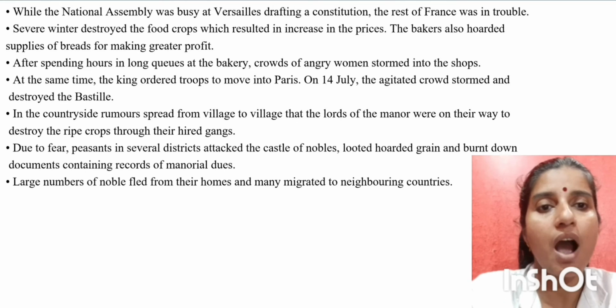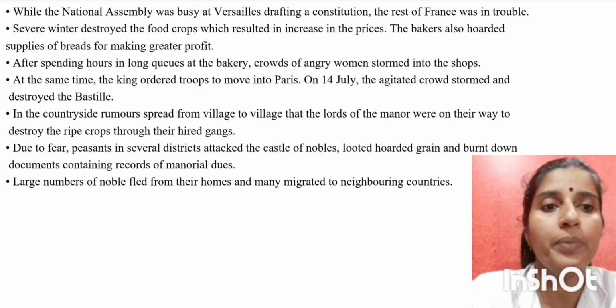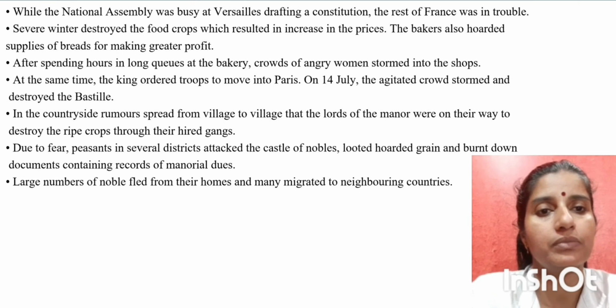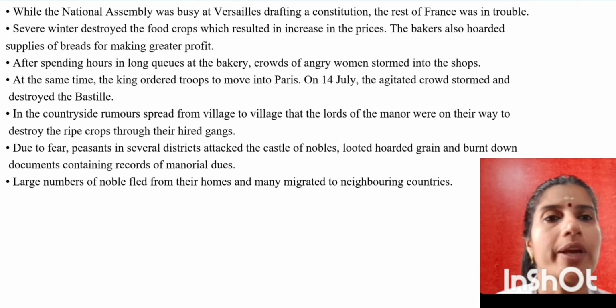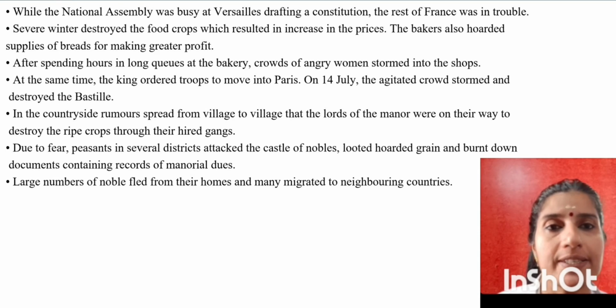After spending hours in the long queues at the bakery, crowds of angry women stormed into the shops. To control the situation, the king had commanded the troops to move into the city. Rumors spread that he would soon order the army to open fire upon the citizens.